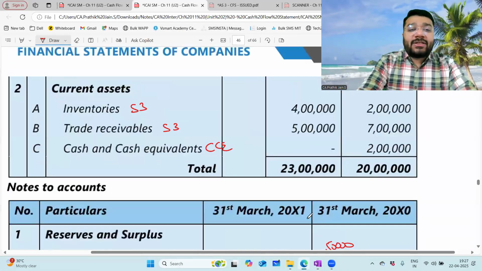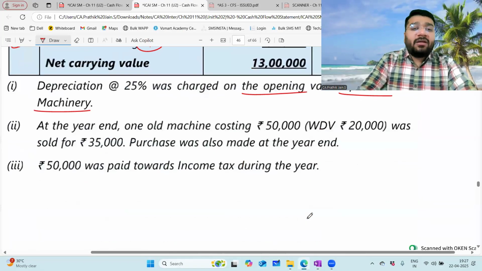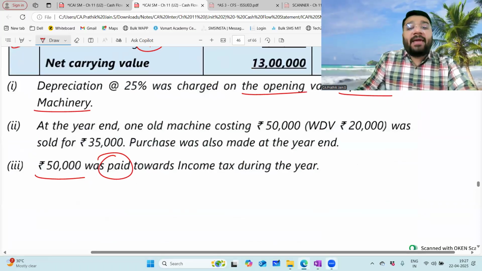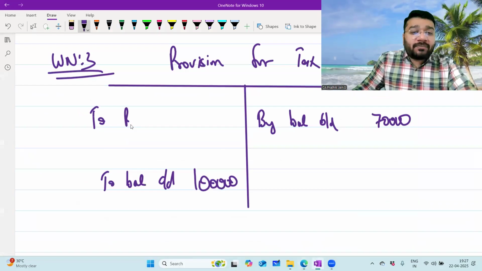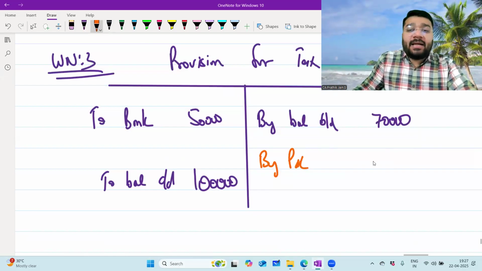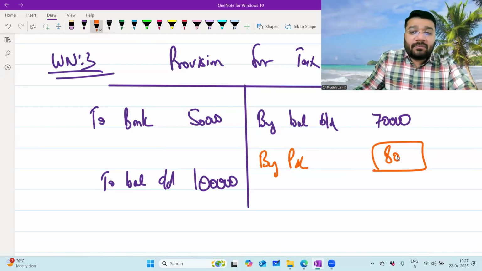If you come to additional information, it says that 50,000 was paid during the year. What is entry? Provision for tax to bank. How much? 50,000. So now by P and L, current year provision is how much? 80,000.